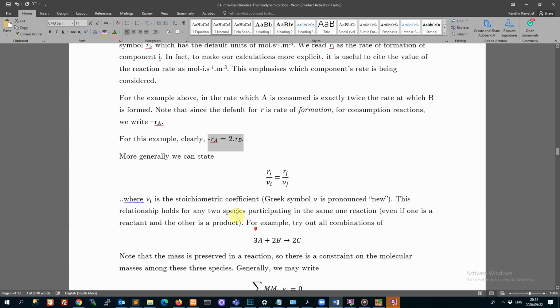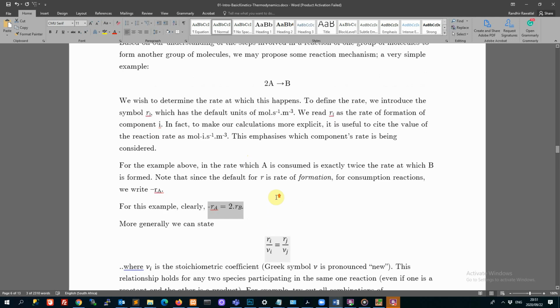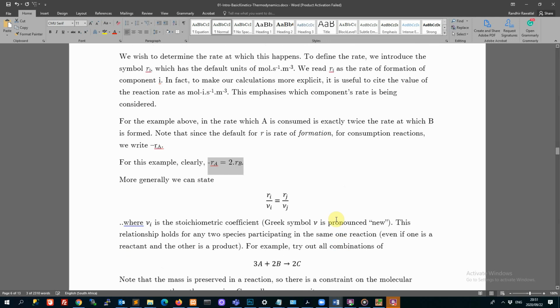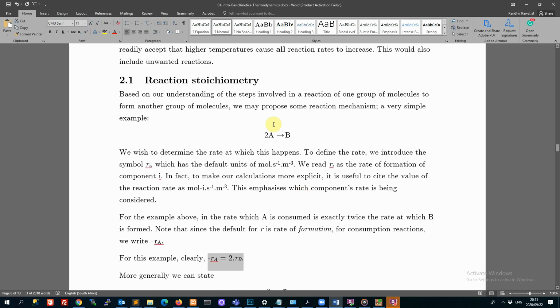And so by that logic, we can generalize this and say, if we have any chemical reaction, we can write that as the rate of any component I divided by its own stoichiometric coefficient. That will equal the rate of any other component divided by its stoichiometric coefficient. And here, the stoichiometric coefficient for a reactant by default is a minus. So this is a -2. And the stoichiometric coefficient for a product is plus. So this is a +1.